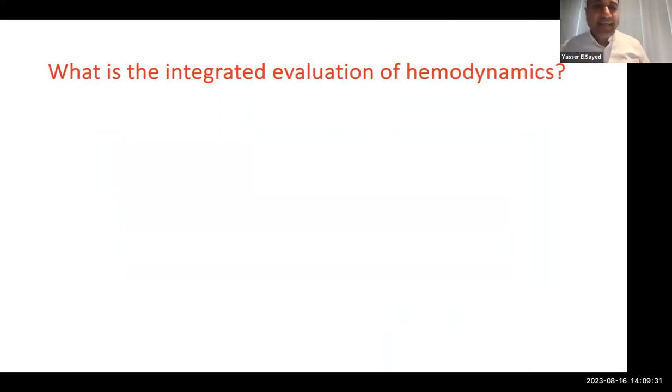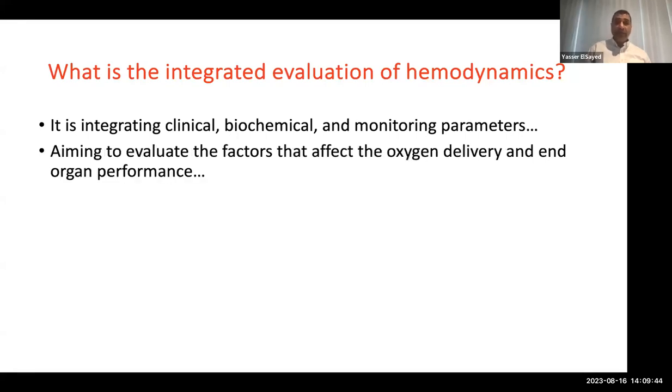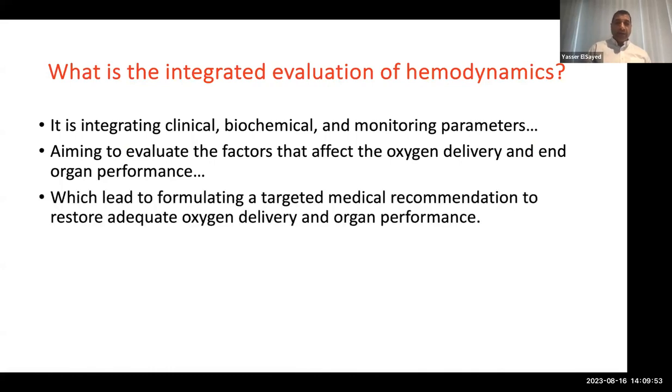So first, what is the integrated evaluation of hemodynamics? Let us summarize that in three main points. It is integrating clinical and biochemical monitoring parameters, whatever monitoring parameters are available by technology, aiming to evaluate the factors that affect the oxygen delivery and the end organ performance, which leads to formulating a targeted medical recommendation.